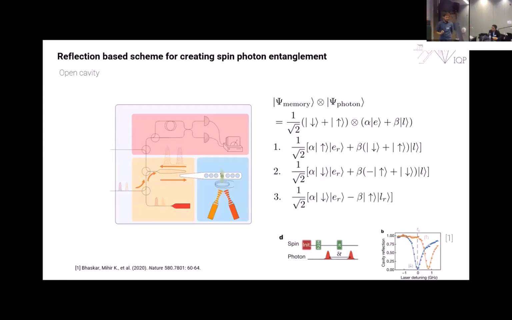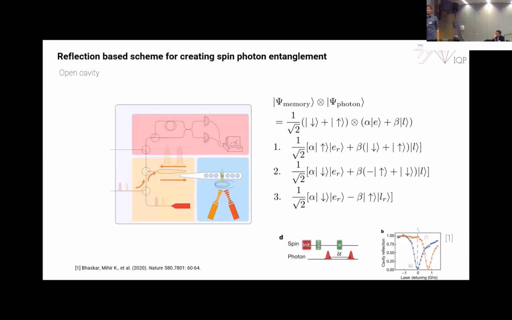The second photon does the same, and I end up with this spin-photon entangled state again. But here I may ask now the audience if there's any sort of issue with this scheme, if I base it off a cavity that's either transmissive or reflective.